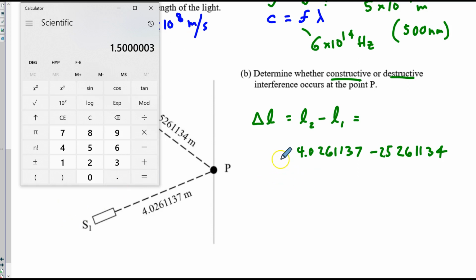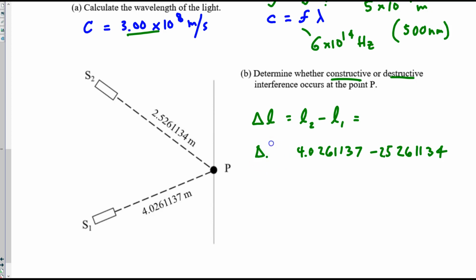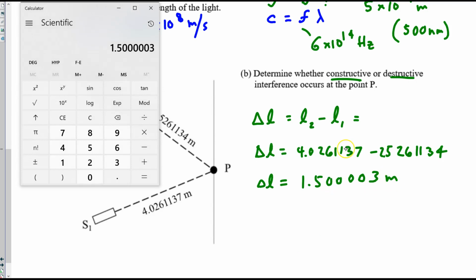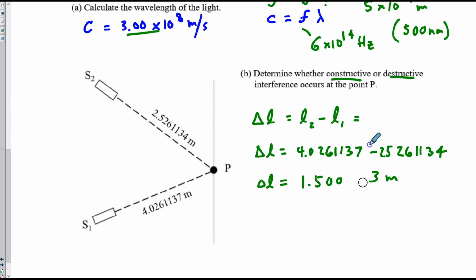That's 1.5000003. Is that right? 1, 2, 3, 4, 5 zeros. Squeeze one more in there. Okay.